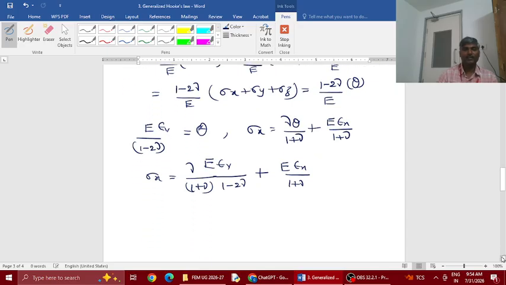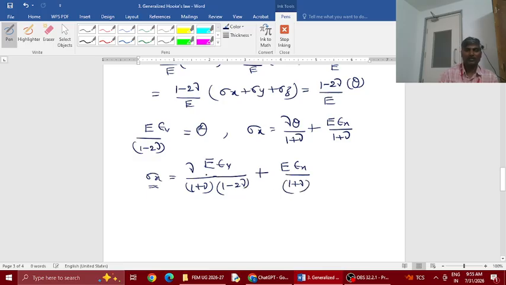Now you see sigma x is written in terms of these quantities, which are all either material properties or can be measured. Epsilon x or epsilon v, like epsilon x plus y plus z, are all measurable, and capital E and Poisson's ratio are the material properties.